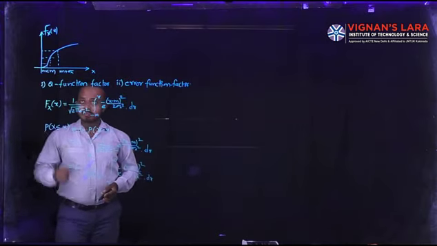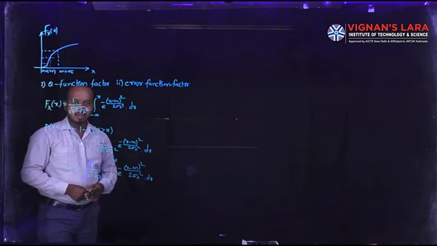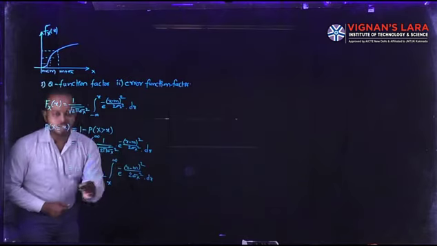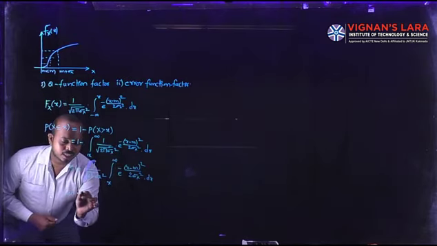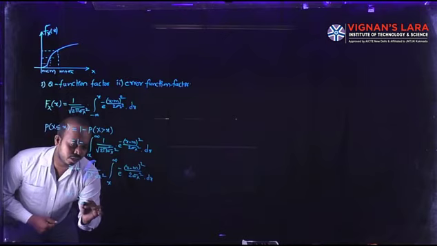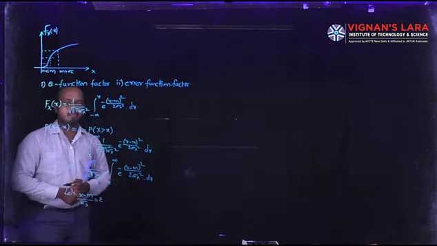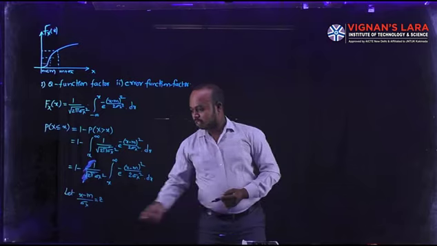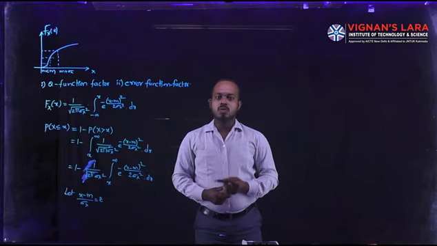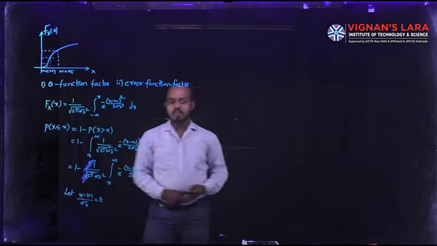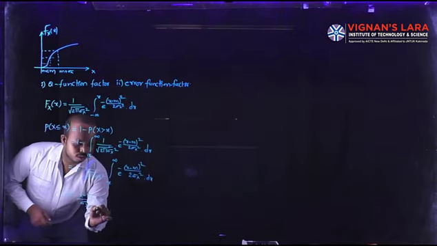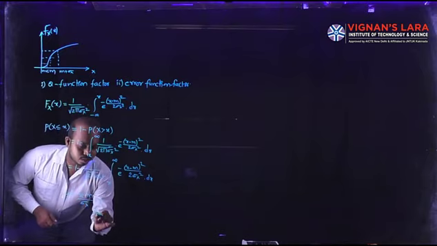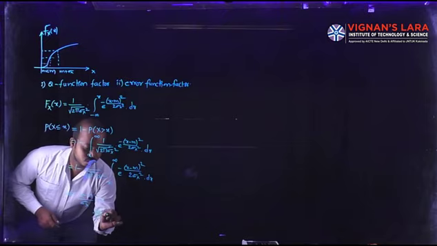For finding the Q function factor, you need to take one more variable for the quantity available in the power of the exponential. That's why I consider let x minus m divided by sigma x is equal to z. We can apply differentiation on both sides with respect to z. We already saw the same relation last class, so dx divided by sigma x is equal to dz.